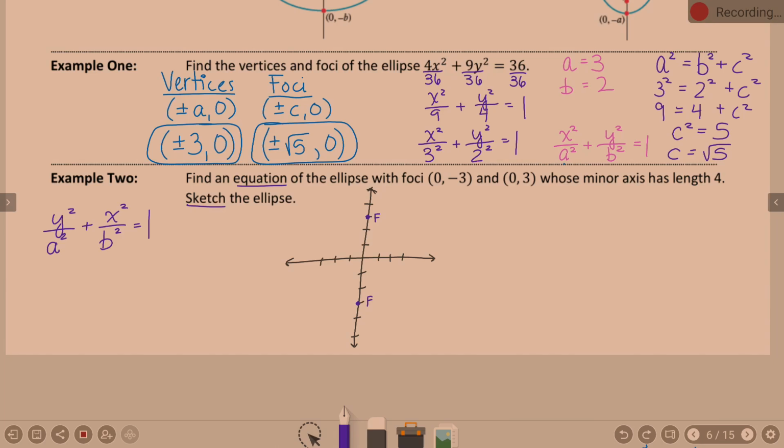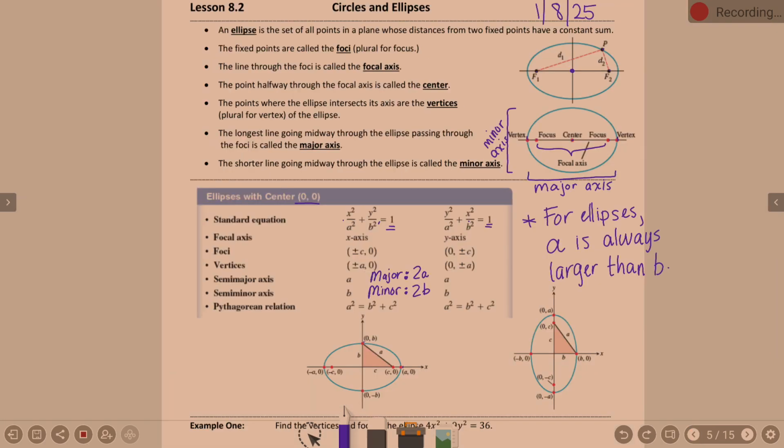Are you with me? Now, I can tell that by looking at the graph, that I can see my foci are vertical. If I go back to my chart for a moment, my foci were 0, 3 and 0, -3. Notice that matches up with the foci being in the y column, yes? In the y position. So that's the other thing I know. Okay, with that in mind, what else does my foci tell me?